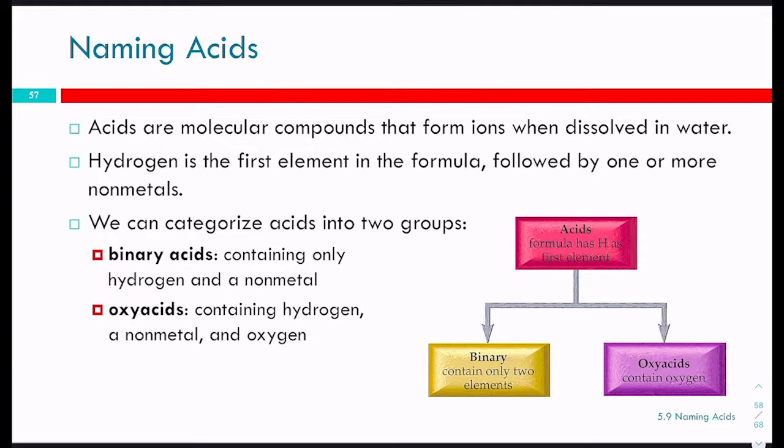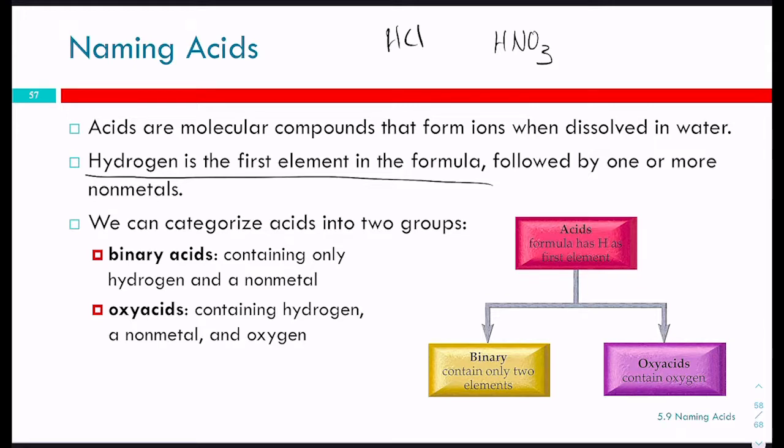For acids, there's 2 types, binary acids and oxyacids. And the way you identify something as an acid is hydrogen is the first element in the formula. So HCl is an acid, or HNO3 would be an acid.